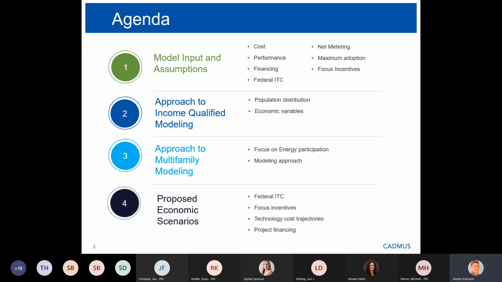Then we're going to look at our approach for modeling income qualified potential and multifamily potential. And then lastly, we'll talk through some of the proposed economic scenarios that we are considering and that we're looking for your feedback on.